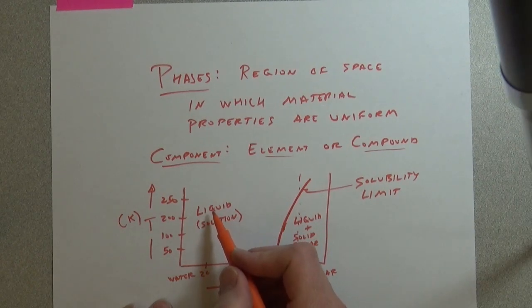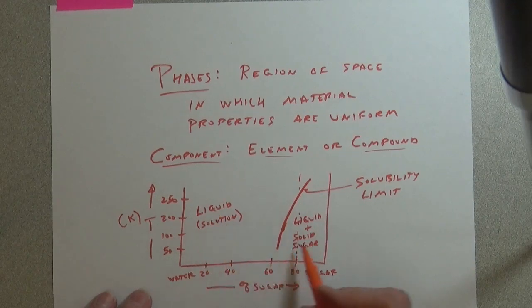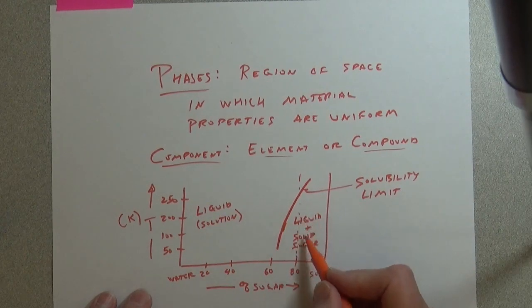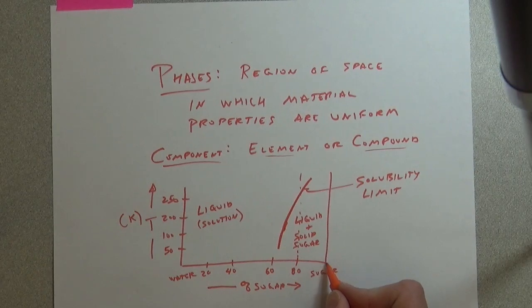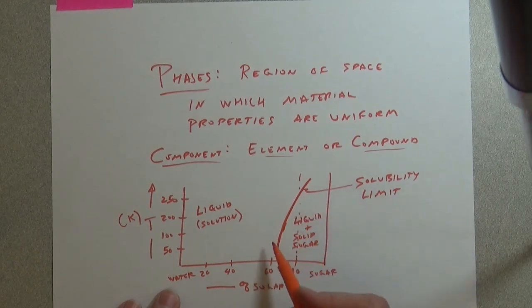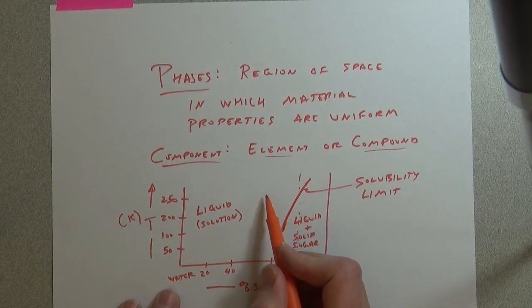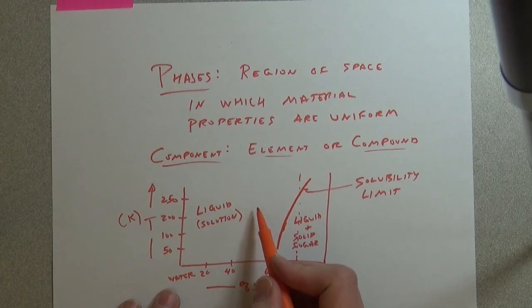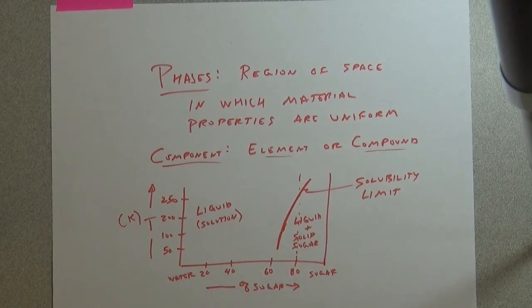So this liquid is the phase. And here we have two phases. We have a phase of liquid and a phase of solid sugar. And here at this far edge, it's 100% pure sugar, which means there's no liquid. So here is again a single component phase, which is pure sugar. And notice that this curve has a shape to it, and we know that the warmer you make this liquid, the higher the solubility.